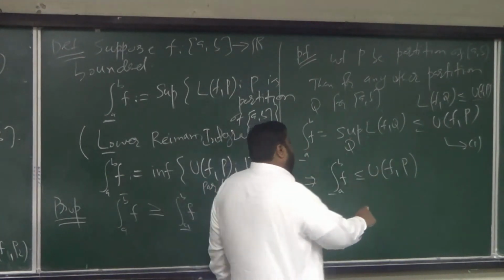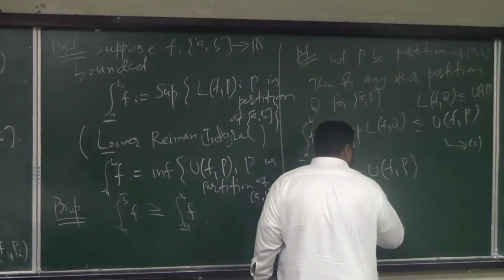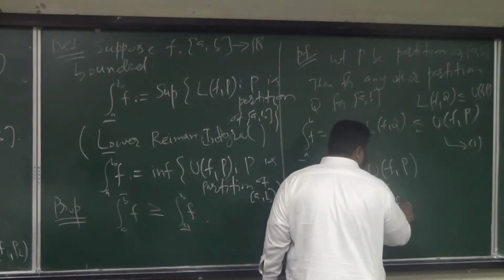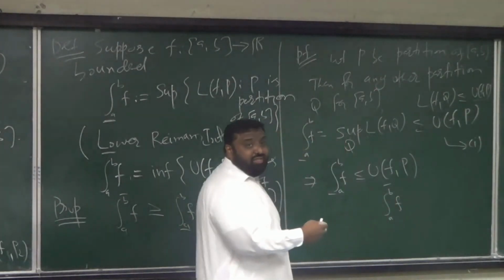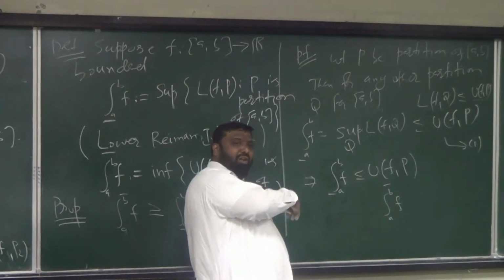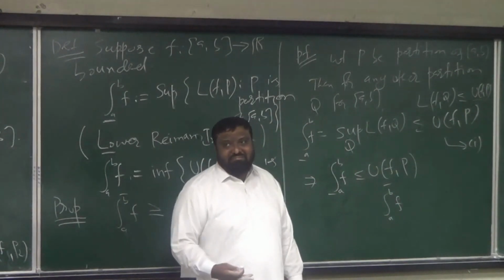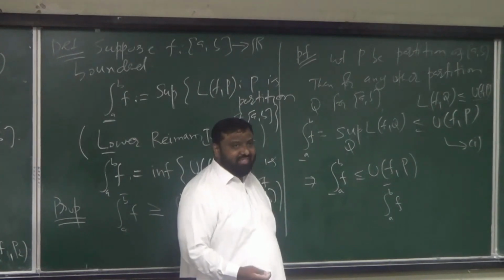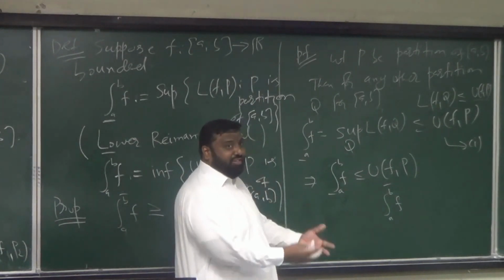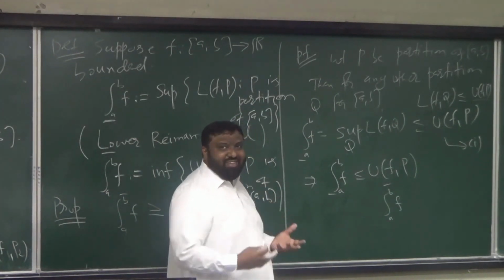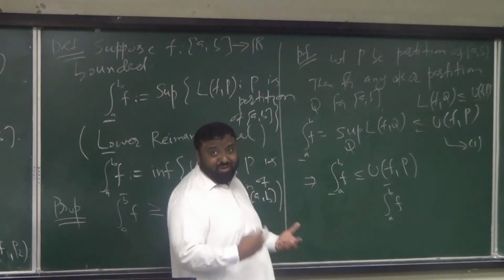While this guy, the lower integral from a to b of f, is the greatest lower bound. So all other lower bounds are smaller than this actually. Just think about it. By definition, there is nothing, it's just good practice with supremums and infimums.